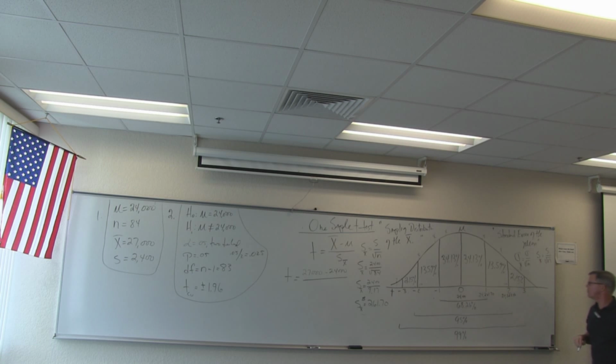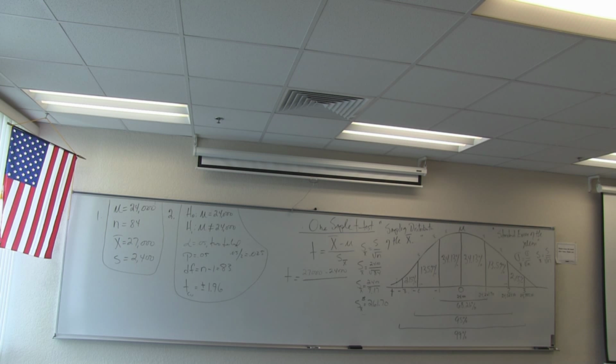Now things get a little bit clearer, don't they? Because now we look at the X bar of 27,000, where does that fall on the sampling distribution relative to everything else? That 27,000 is way over here.